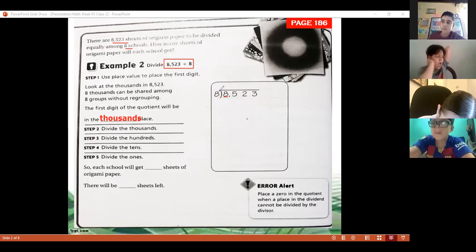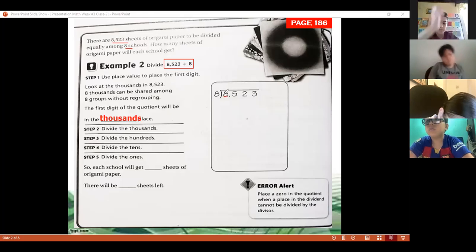8 can be divided by 8, and it says step number 2, divide the thousands. We divide 8 into 8 groups, class. If we know the table of 8, we say 8 times 1 is equal to 8.